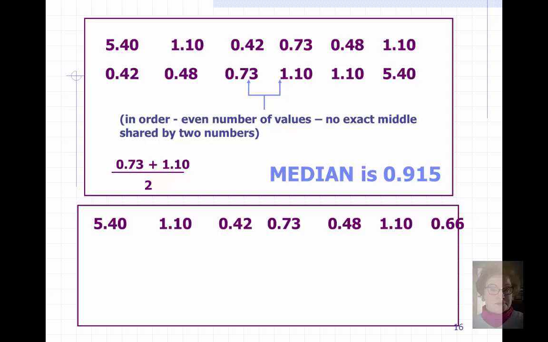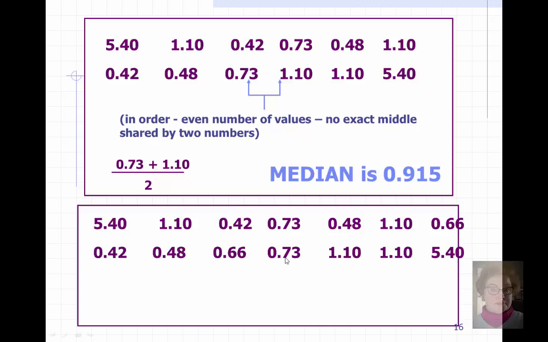So now I have a second set of data, and you can see from this one I have 7 individuals in my data set. So I'm going to do 7 plus 1 divided by 2, which is 7 plus 1 is 8. Divided by 2 is 4. So once they're in order, it's going to be the 4th data value.